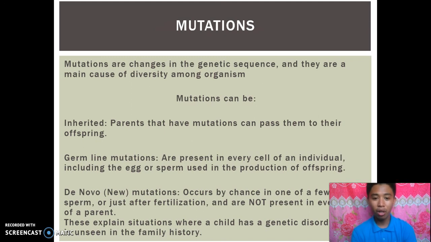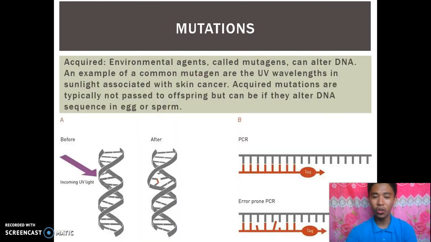De novo or new mutations occur by chance in one of a few eggs or sperm or just after fertilization and are not present in every cell of a parent. This explains situations where a child has a genetic disorder that is unseen in the family history.